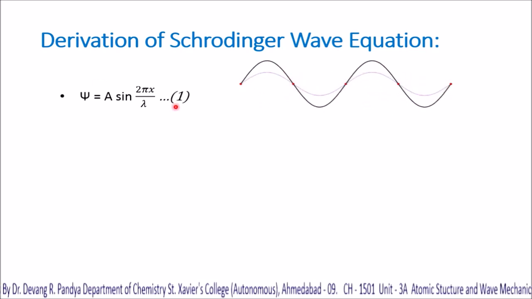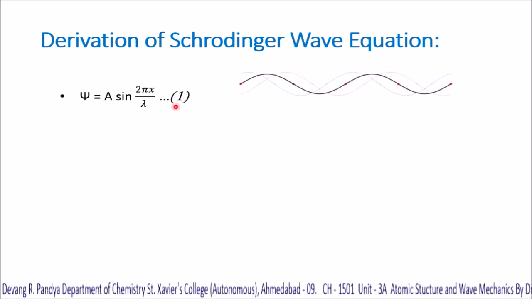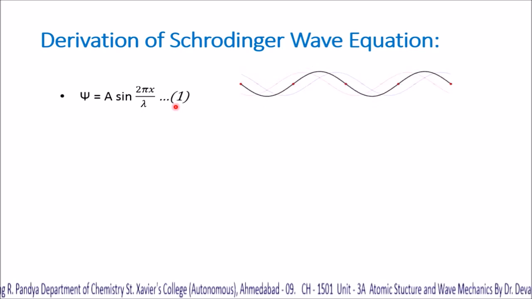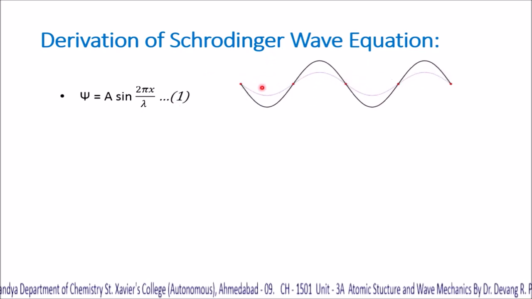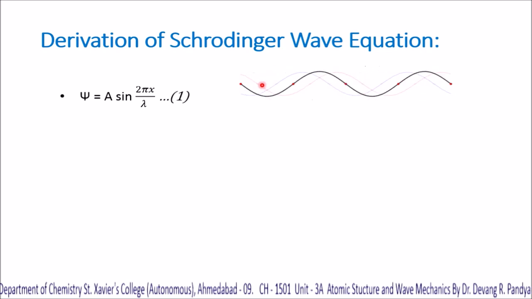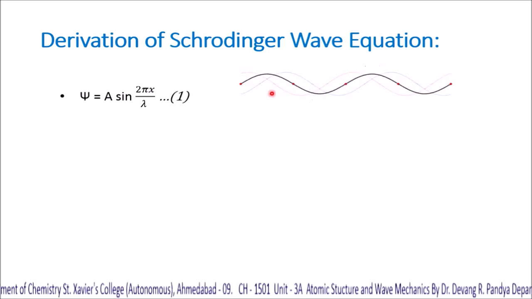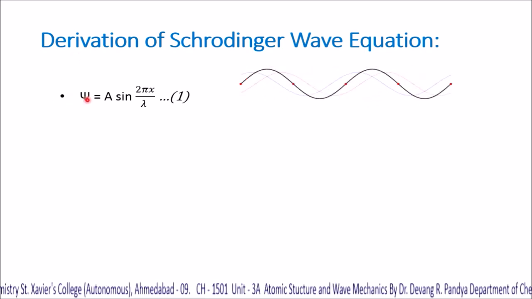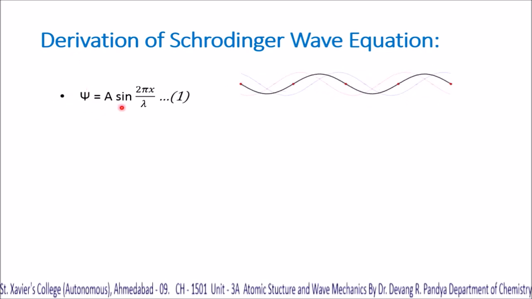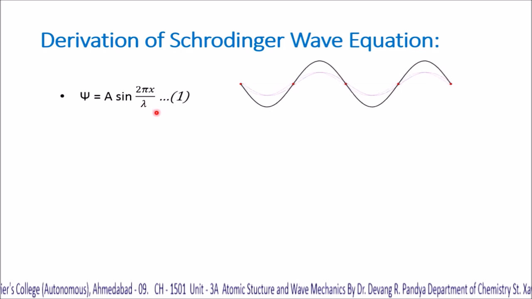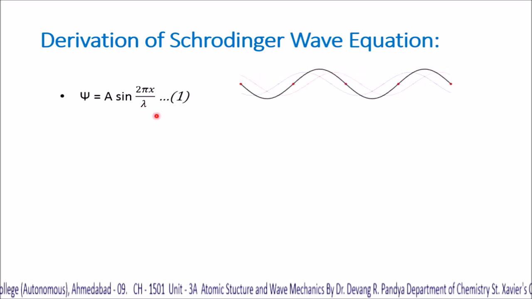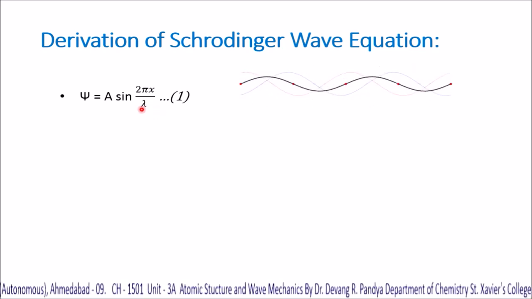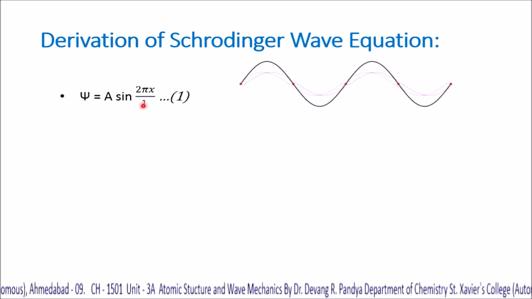Here psi represents the amplitude of the wave, that is the maximum height of the crest and maximum depth of the trough, and that amplitude of the wave is called the wave function.